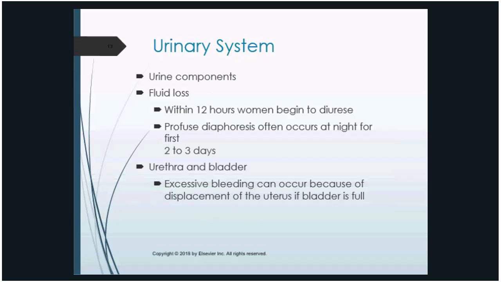Make sure she continues to get up and urinate every couple of hours, so that she can continue to have that uterus stay tight and not have the bladder push or displace the uterus, which can cause more bleeding.